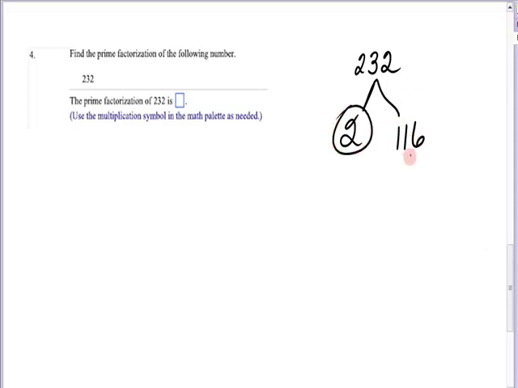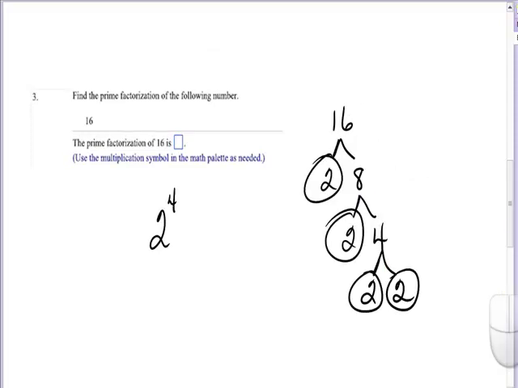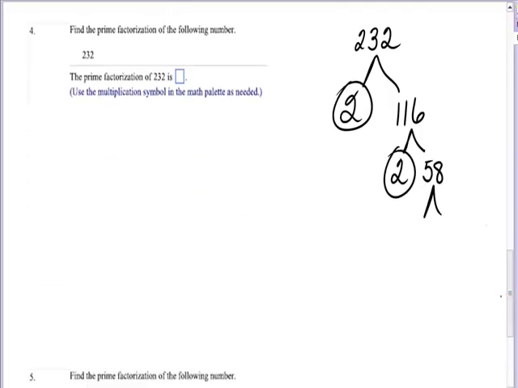Now 116 is still even, so 2 is going to go in there, and it's going to go in 58 times. 2's going to go in there again.